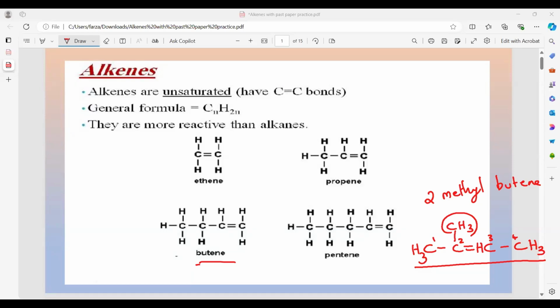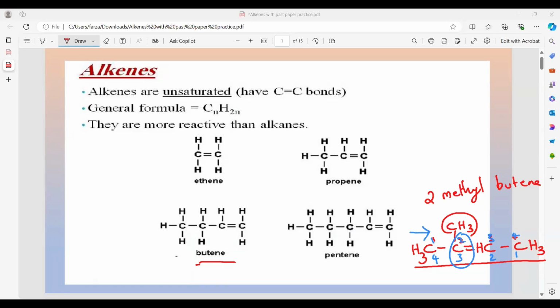So how are you going to number this? Like here you have the numbers 1, 2, 3, and 4. So how are you going to number? Start numbering from the end of the chain closest to the double bond. The goal is to give the double bond the lowest possible number. So if I number it this way, 1, 2, 3, and 4, which is the lowest number here? 2. So I will take that numbering.